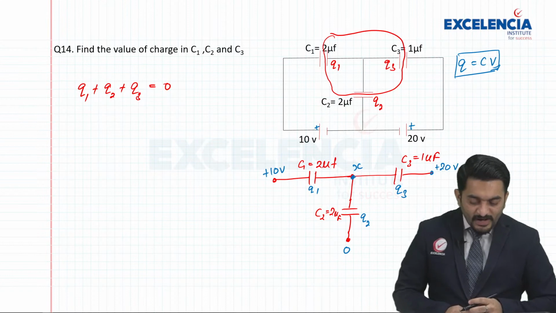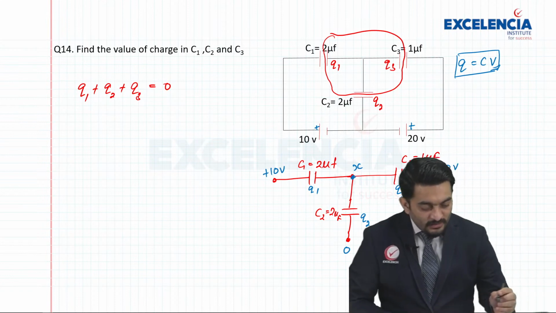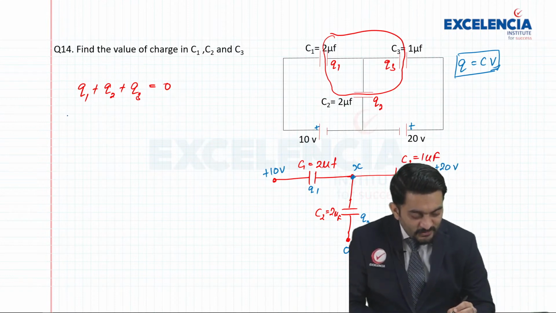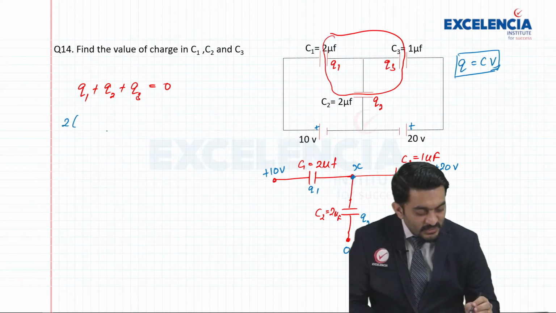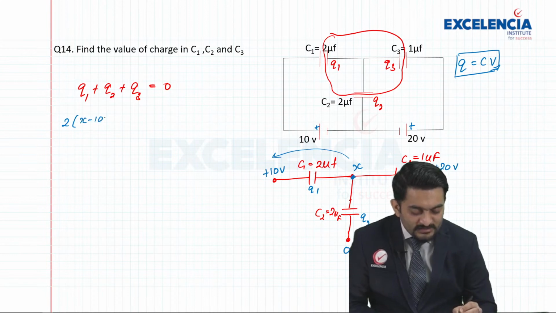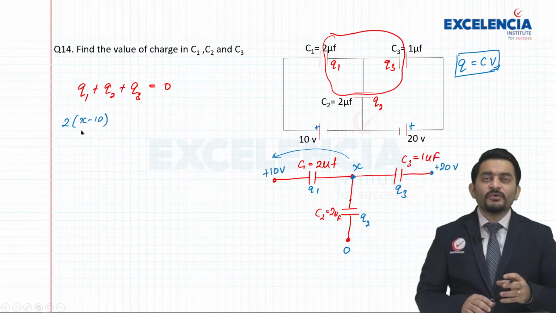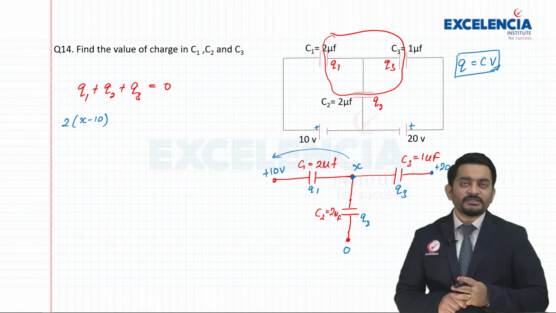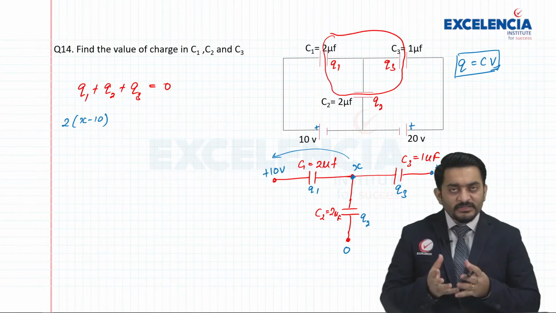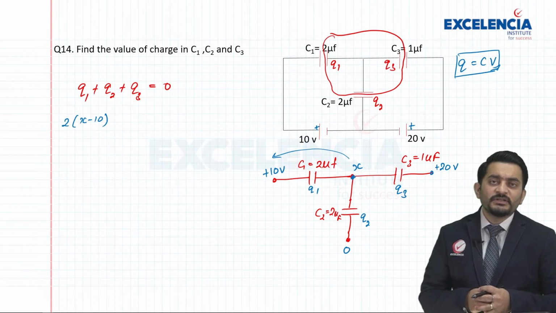So to write my Q1, I can say my value of C1, which is 2 microfarad, multiplied by the voltage. Now what is the potential difference between these points? X minus 10. I've told you X can be considered as the high potential. So high potential minus low potential, that is what I have written as the potential difference.